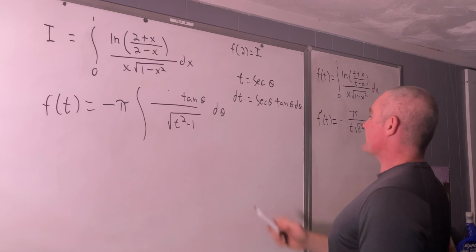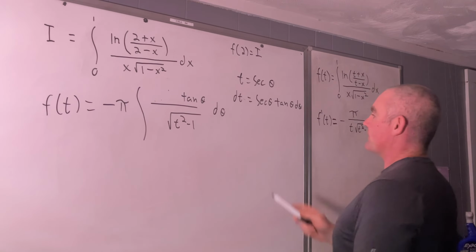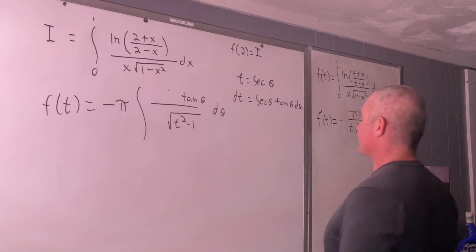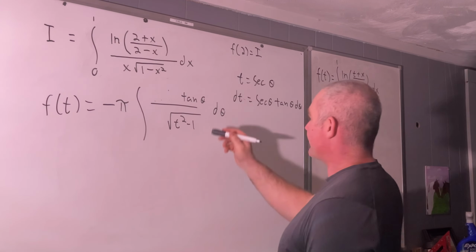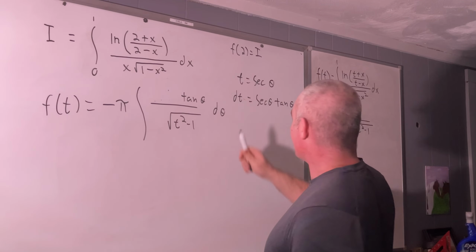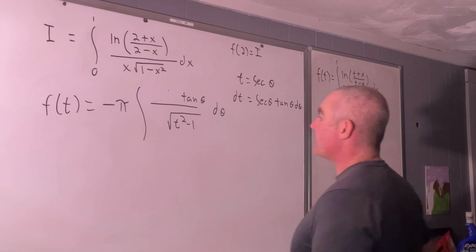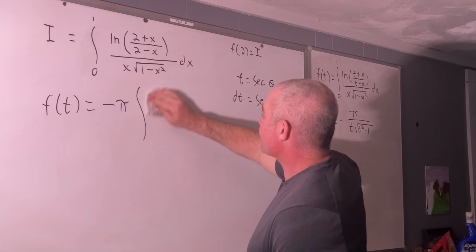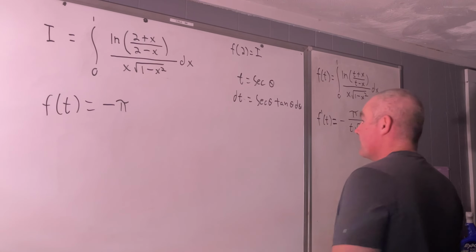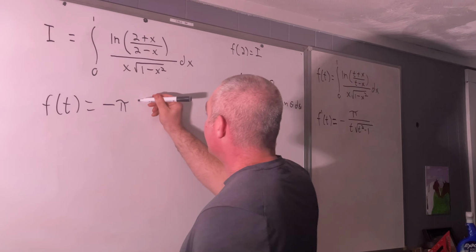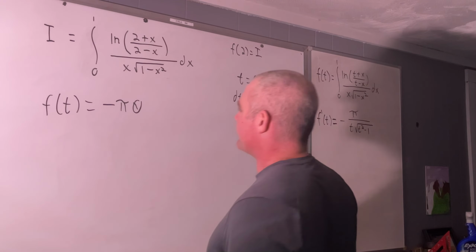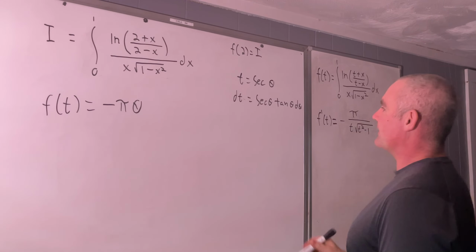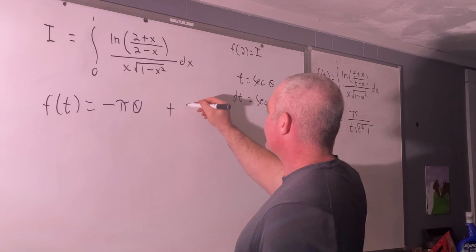And this t is also a secant theta, but that's secant squared theta minus 1, which is tangent squared theta. Square root of that is tangent theta. So we are left with just the integral of d theta, or minus pi theta. Well, f of t is equal to minus pi theta, of course, plus c.